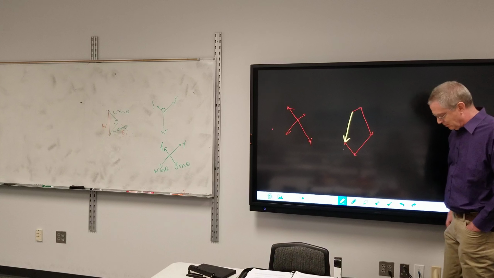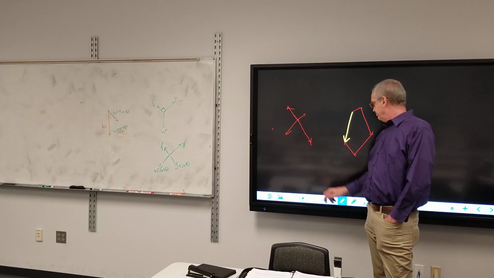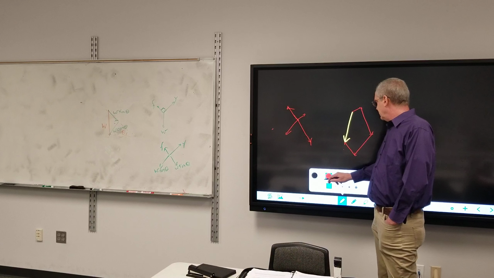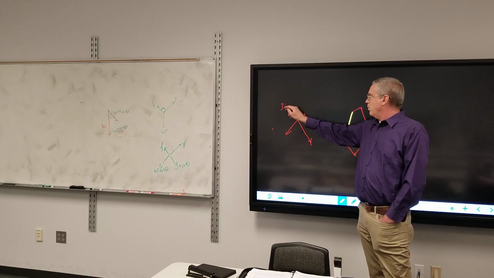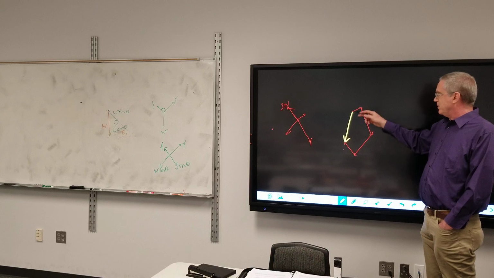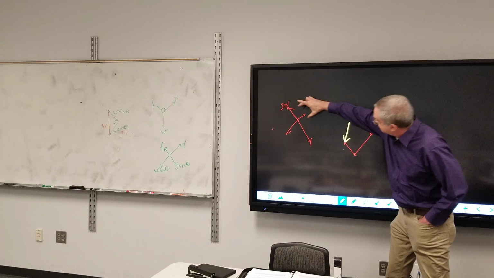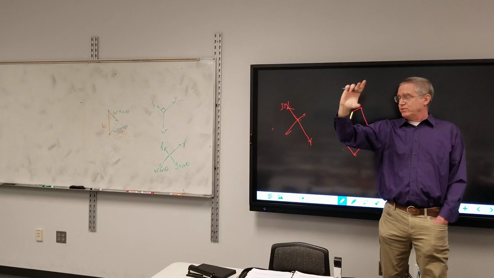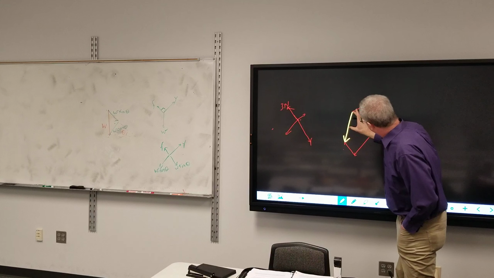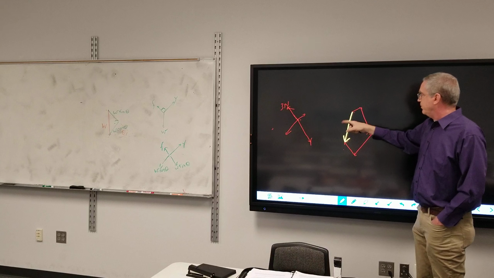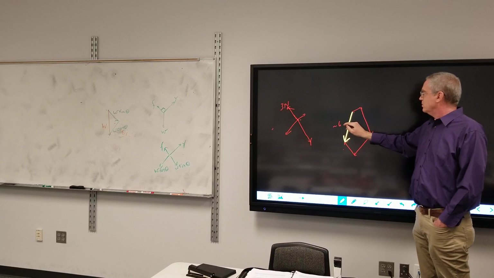Now, if I said that that was a 3 Newton force, you could estimate what this would represent by, well, if that length right there represents 3 Newtons, oh, that's roughly twice the size, so that's roughly 6 Newtons.